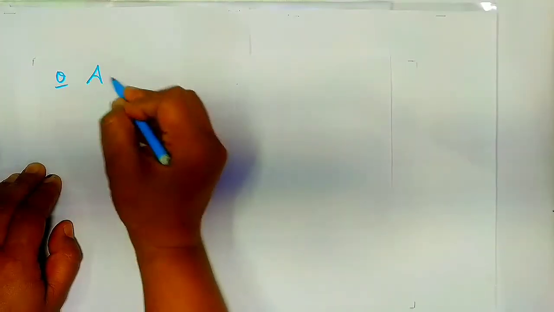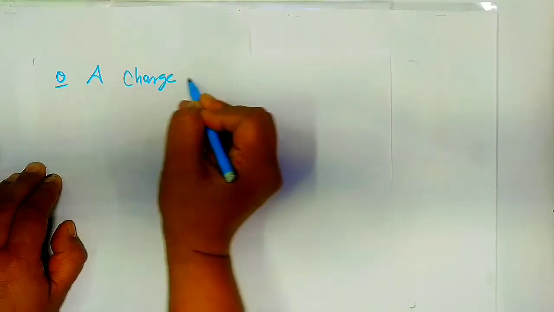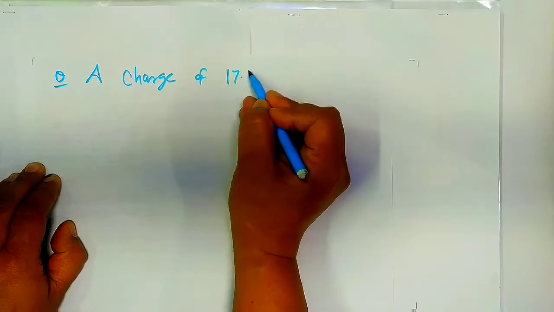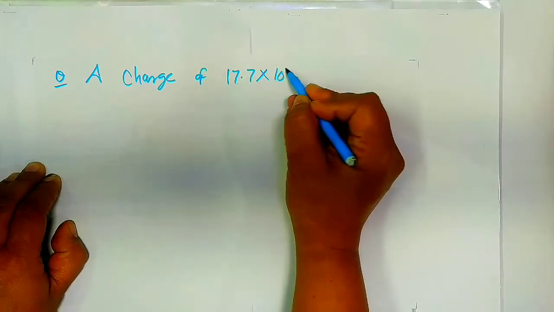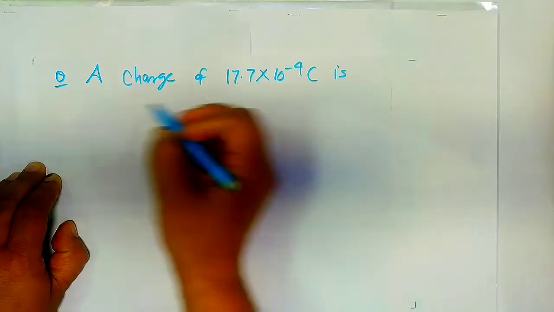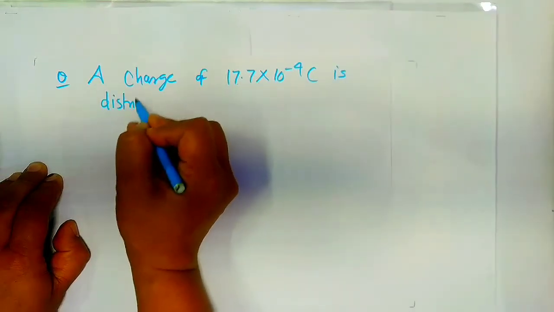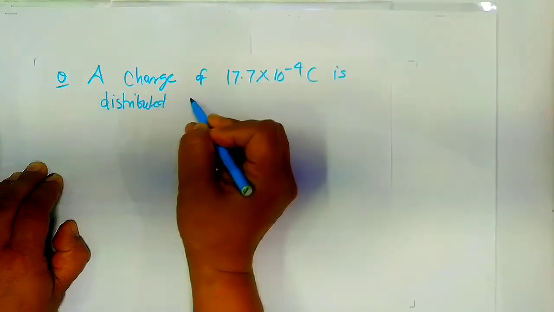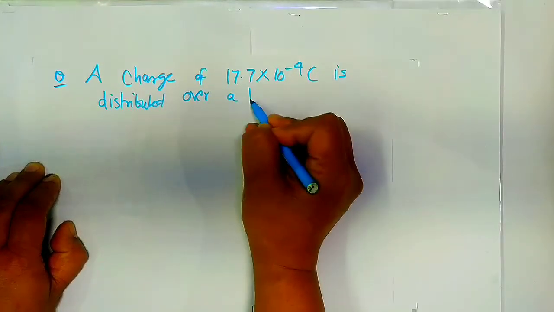Okay, now I have two questions here, very simple, based on this. The first question is very simple. A charge of 17.7 into 10 to the power minus 4 coulomb is distributed over a large sheet.